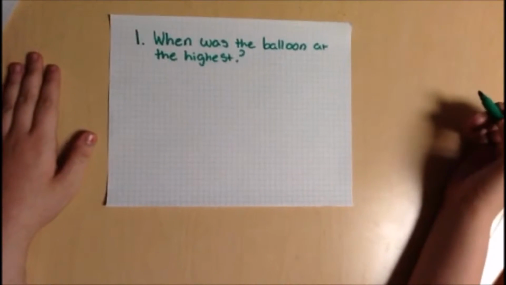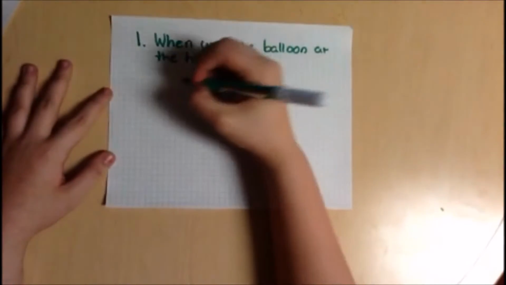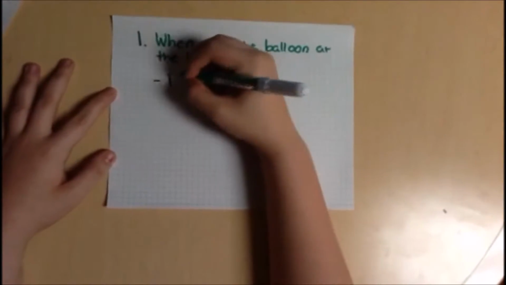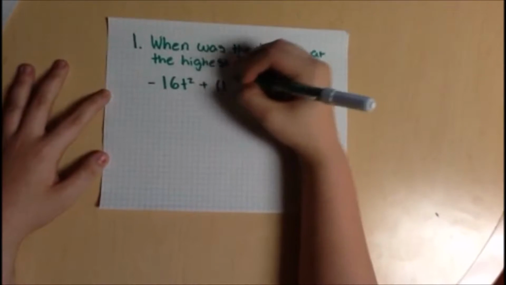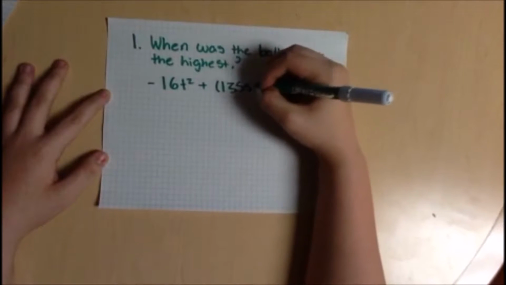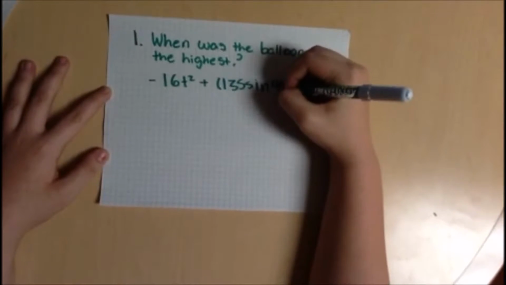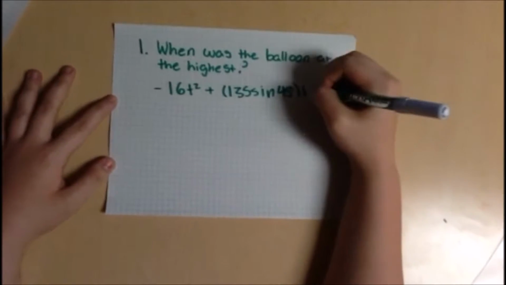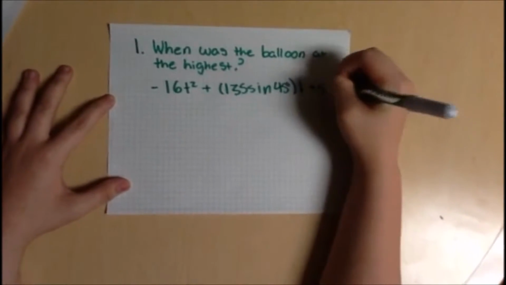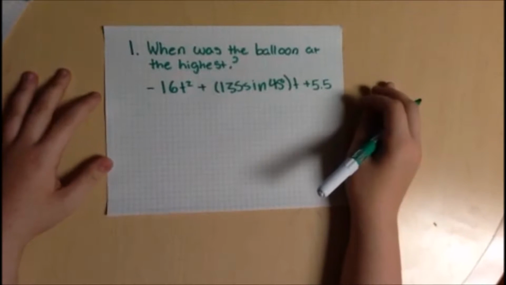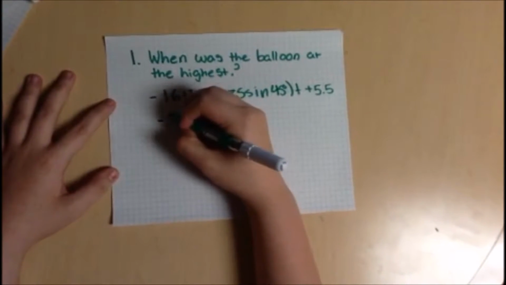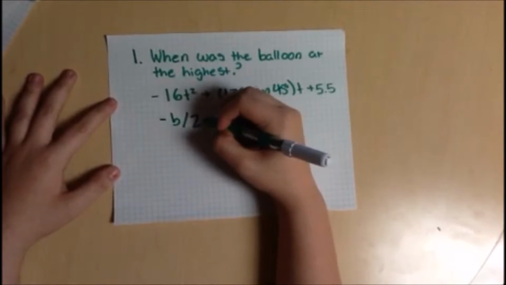To solve for when the balloon was at its highest, first you have to put in the y equation, which is negative 16t squared plus 135 sine 45 degrees t plus 5.5. To solve for the line of symmetry, it is negative b over 2a.